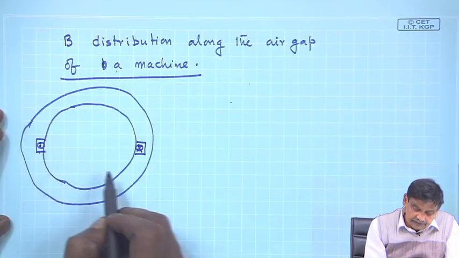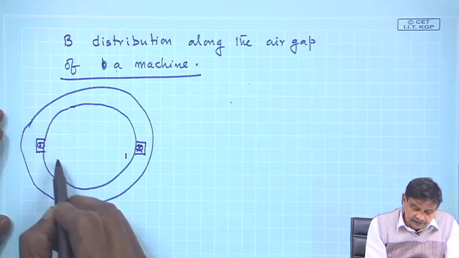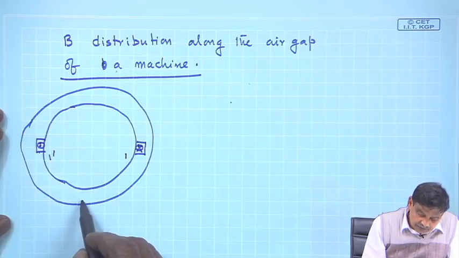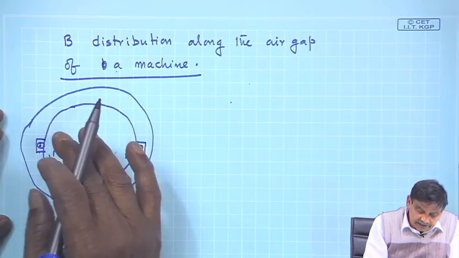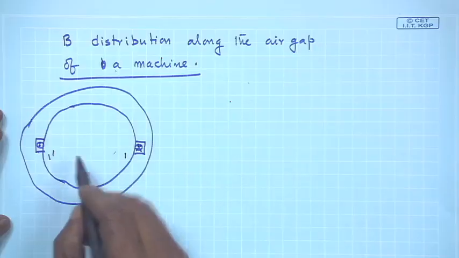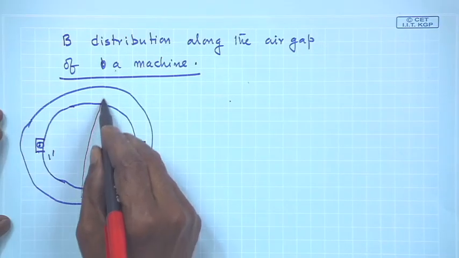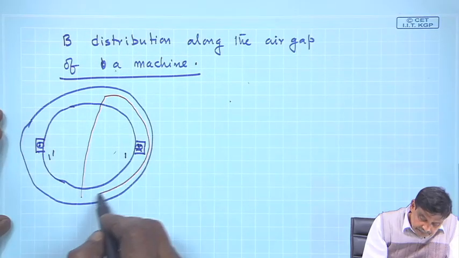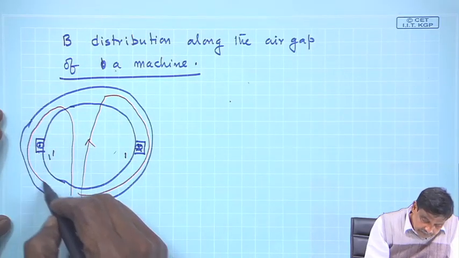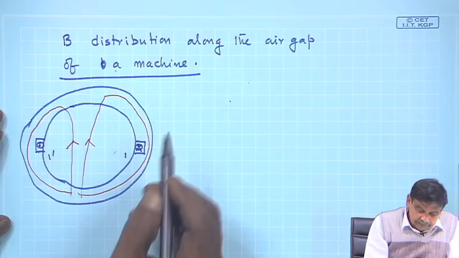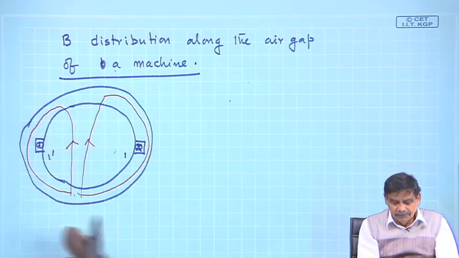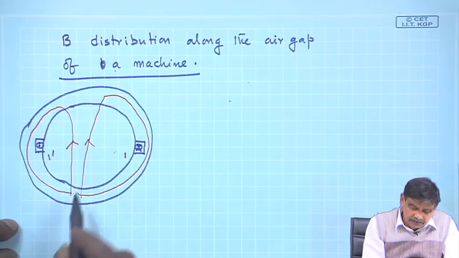This is a 1, this is a 1 dashed, and the lines of force. Rotor I am not drawing, it is there, rotor iron, through which the flux path will be completed and it will be like this. And there are several others. Not a very good diagram, but it gives you the idea of what I meant to say.